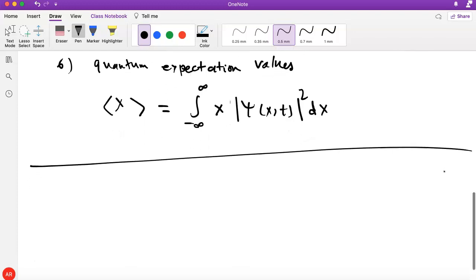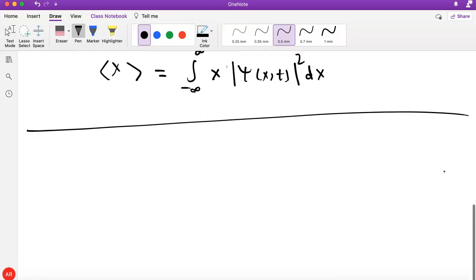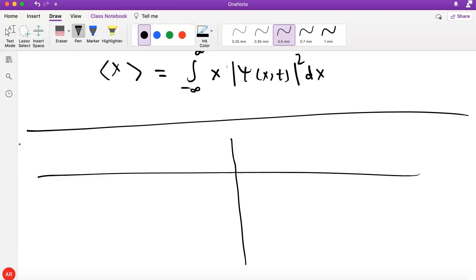So what I want to discuss today is so-called stationary states and obtaining the time-independent Schrodinger equation, which tells us about stationary states, from the time-dependent Schrodinger equation. So we said let's do this quantum-classical analog, right?